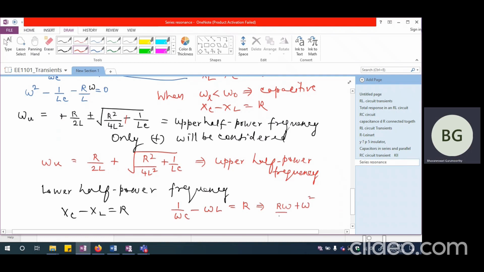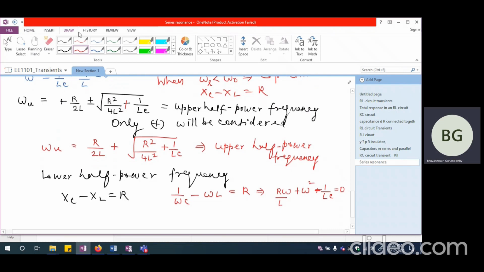I can divide it by L everywhere, and then I'm going to have plus 1 by LC or minus 1 by LC equal to 0. So the equation comes down to omega square plus R by L omega minus 1 by LC equal to 0.